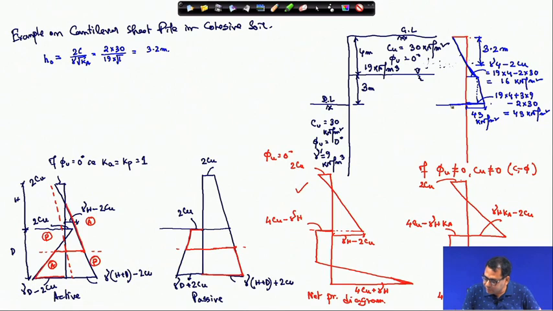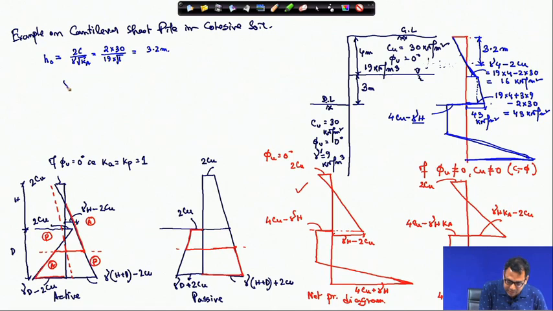Now, it will shift in this direction, then up to this, then it will go this side. Okay. So, here this is 4 Cu minus gamma h. Here this gamma h value, I can write this as gamma h or q bar, which is equal to 19 into 4 plus 9 into 3.